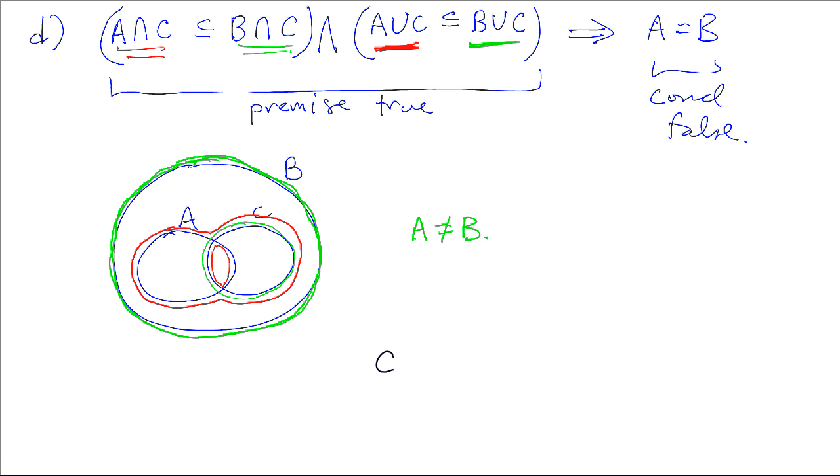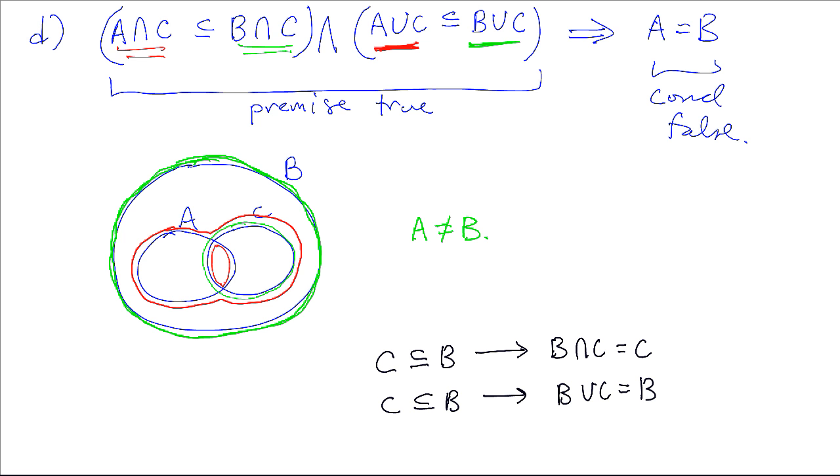When C was a subset of B, that implied that B intersect C is equal to C. And on the right-hand side, one of the facts I used was that when C was a subset of B, then B union C was equal to B. Okay, these are important facts that you should be able to convince yourself of just by drawing a couple quick diagrams. Okay, so that should do it for part D, and I think I'll stop here on this video. Hope that helps.